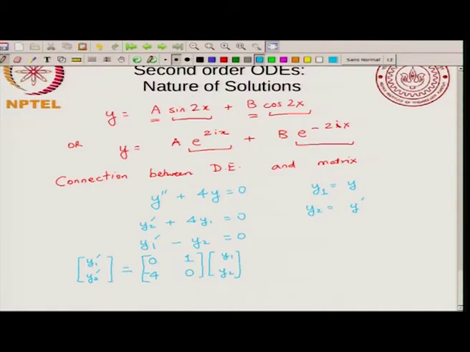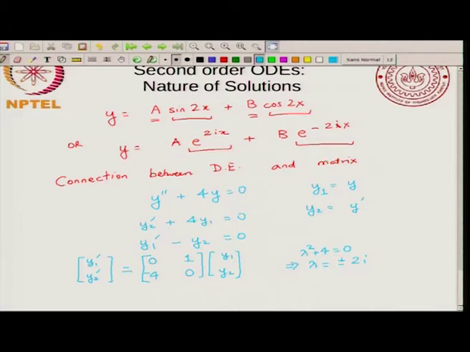What we showed is that you can take the second order differential equation, write it as a pair of coupled equations, and you can immediately see that since this is just by matrix methods, you know that the solution looks like e to the lambda x, okay, where from this equation you will get lambda square plus 4 equal to 0, or lambda is equal to plus minus 2i.